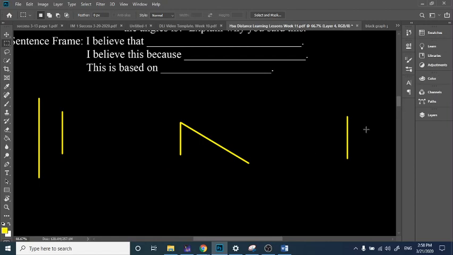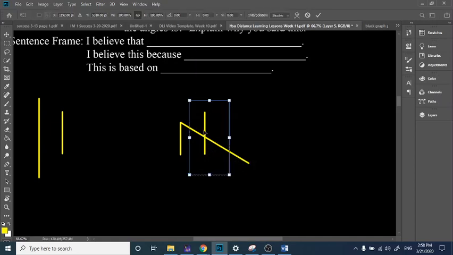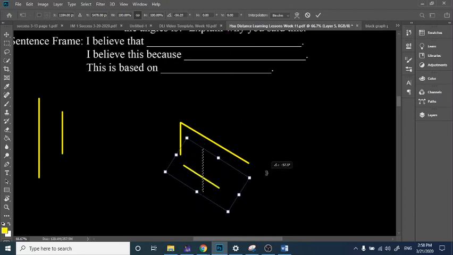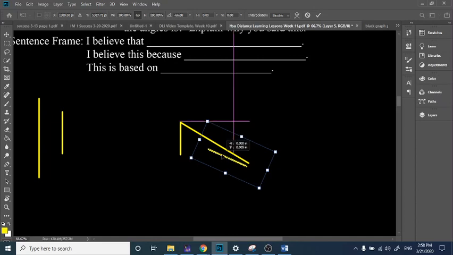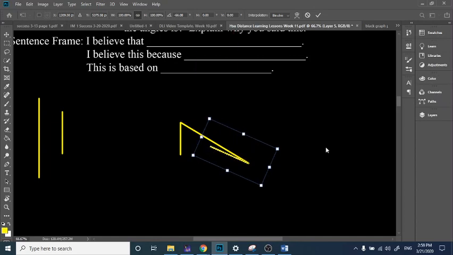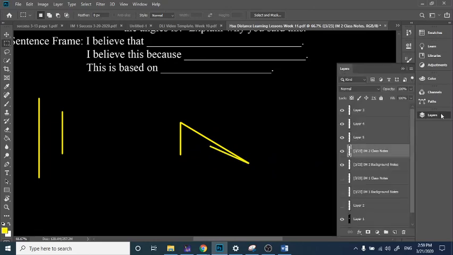Okay. Now let's do this one also on another layer, just to make it easier to do anything with it later on, to rotate if necessary. Okay, let's see. Well, it looks like maybe we're gonna need to have a bit of a different angle there. Let's try something like that. Let's see if this one's even possible. I hope it is.